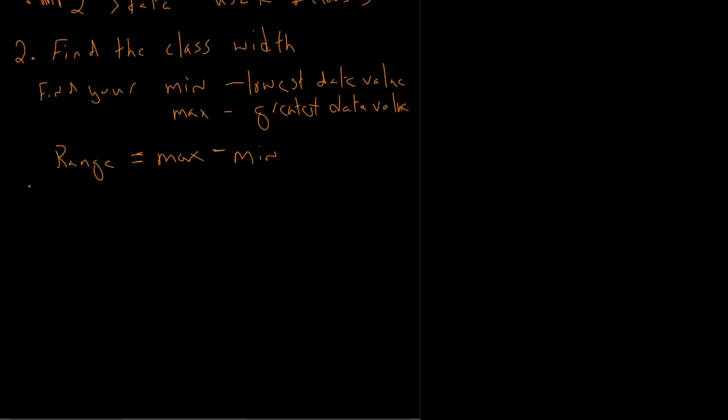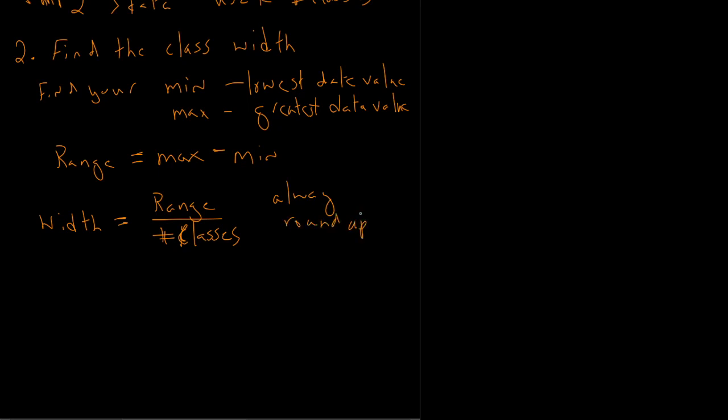And so the width you will need to construct your bins is the range divided by the number of bins, or number of classes. I keep calling them bins or intervals. The number of classes you're going to use. You always round up.